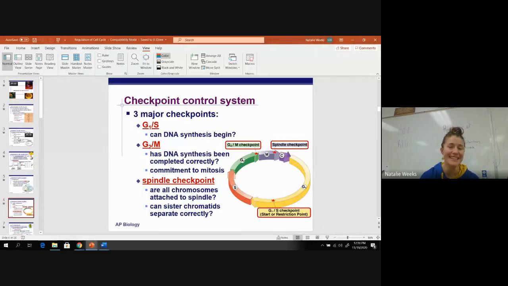Once mitosis begins, we do have one more checkpoint, and that is the spindle checkpoint. So if we remember from yesterday's lecture about mitosis, when those spindle fibers attach to the centromeres at the kinetochores, we are making sure that all of those spindles are attached. Otherwise, if we have our sister chromatids and the kinetochore doesn't form on one side, both of those can get pulled over to one cell.